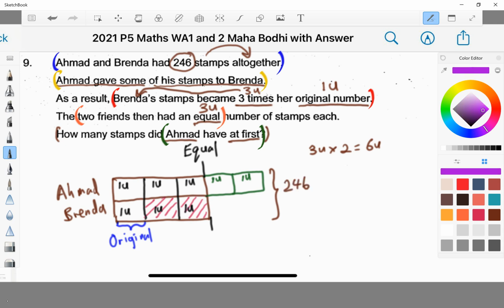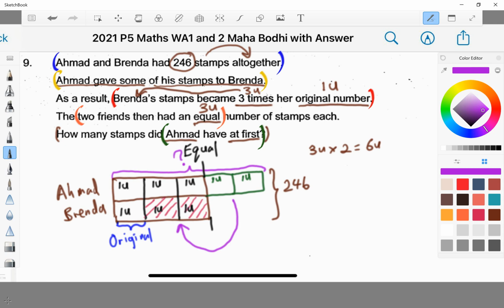Then when I indicate for Ahmad at first, I will make sure that I show that Ahmad has 5 units and Brenda has 1 unit. And I will draw this swing arrow to show that Ahmad must have given away 2 units over to Brenda, which caused him to have 3 units left, and for Brenda to have 3 units left in the end.